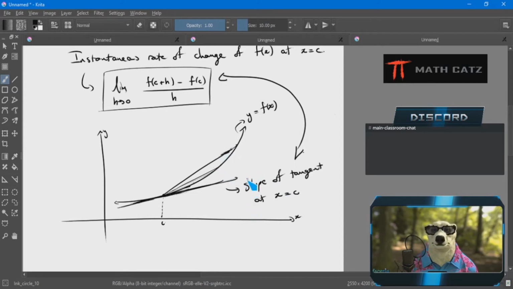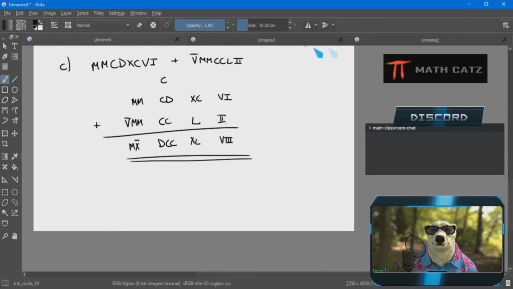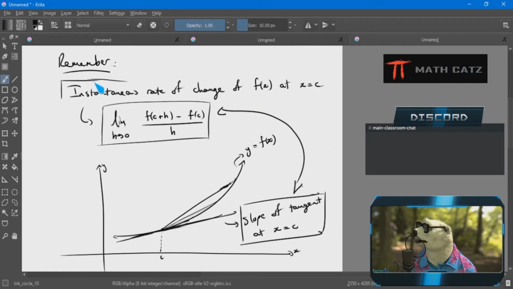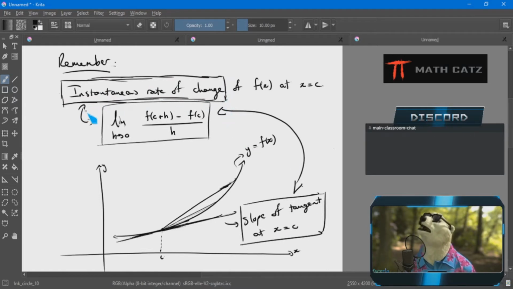Okay, so I'll put this in a box as well. Just a graphical interpretation of instantaneous rate of change. Whoopsie, what did I just do? That's not a page I want. Graphical interpretation, instantaneous rate of change, limit definition, slope of the tangent line. These are all the same thing. Okay, all the same thing.